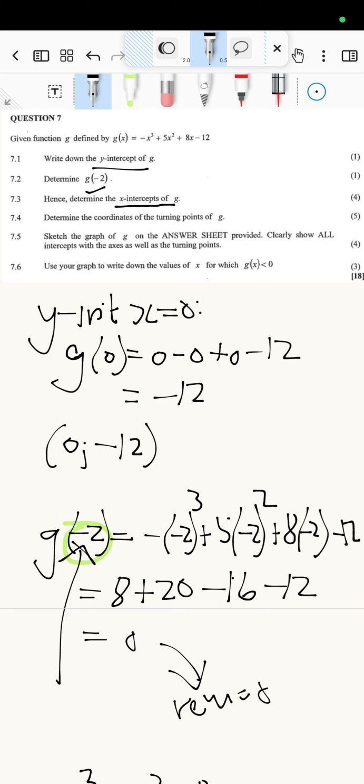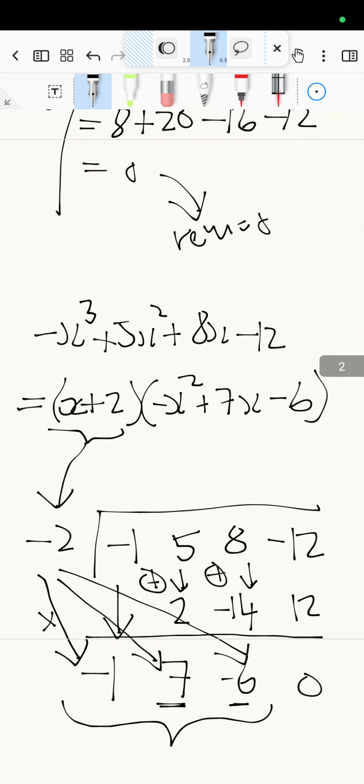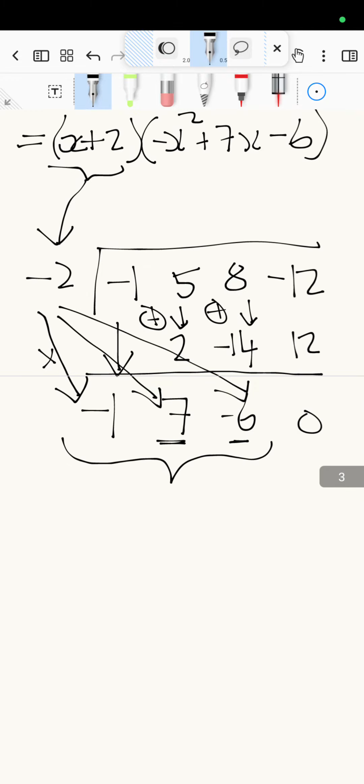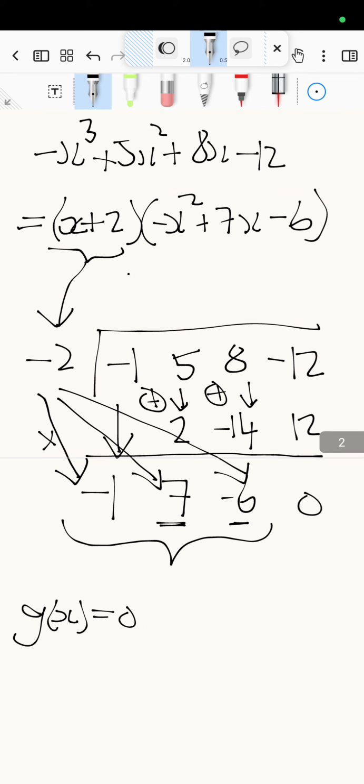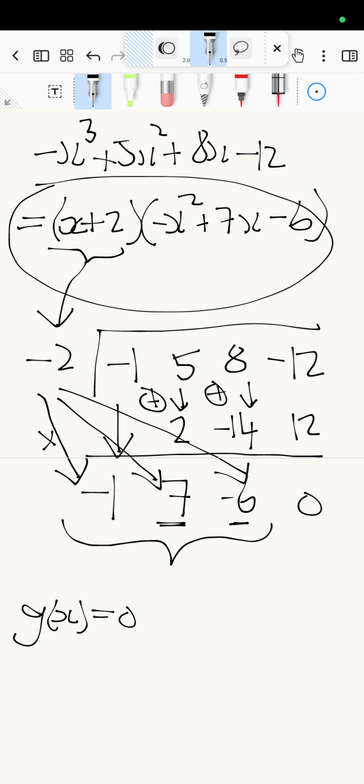This one, we're supposed to find the x-intercepts, okay? So in order to find x-intercepts, obviously you make your y value 0. So g of x must equal 0 in order to find your x-intercept, meaning this whole thing must equate to 0, okay?